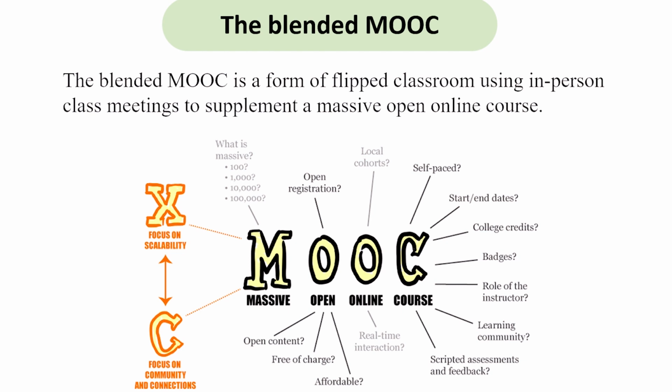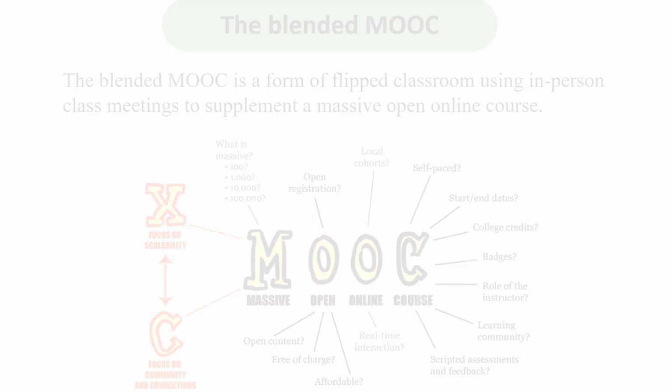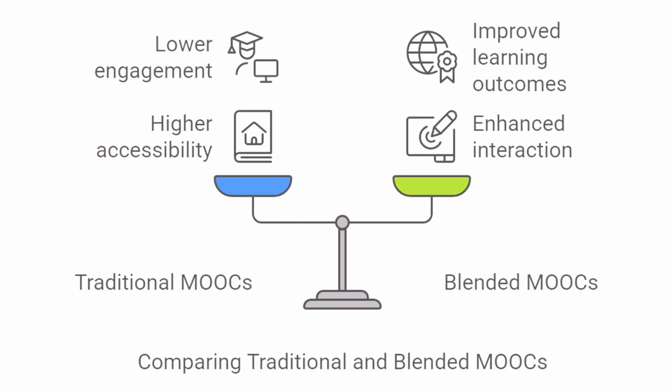And under this blended MOOC, in order to know this particular structure, the visuals further takes you to two types of MOOC. One is X MOOC and the other is C MOOC. The X MOOCs focus on scalability, whereas the C MOOCs focus on community and connections.